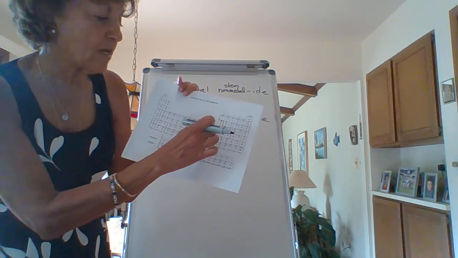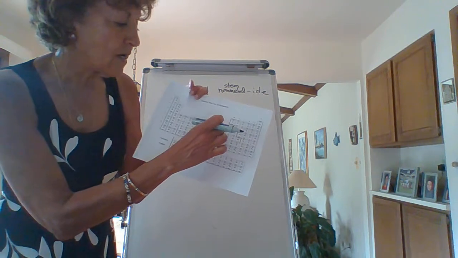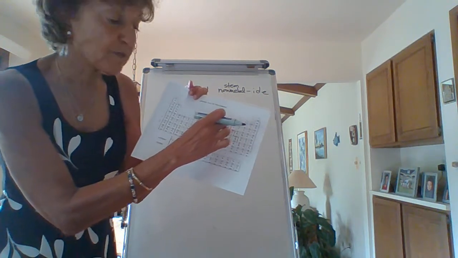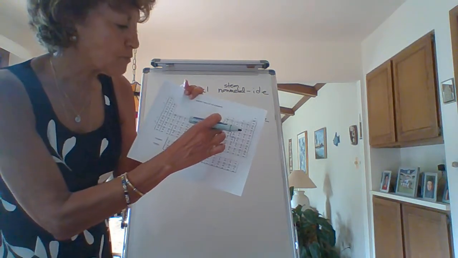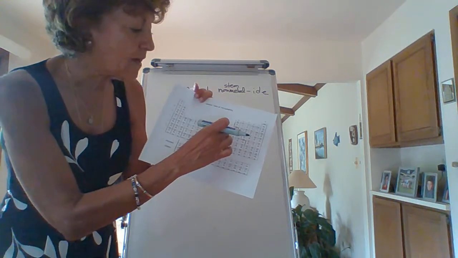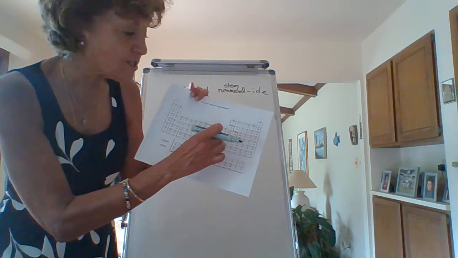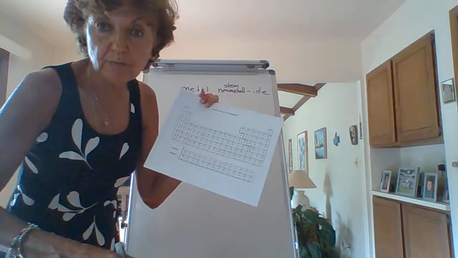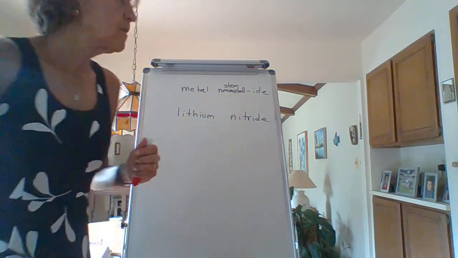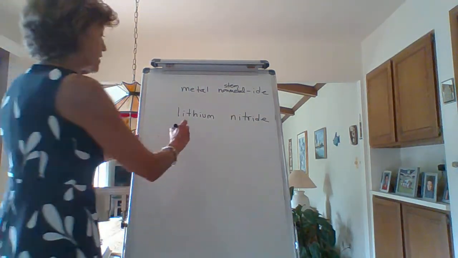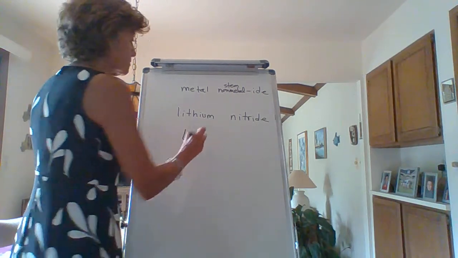Aluminum is +3, gallium is +3, zinc and cadmium are both +2, and then silver is +1, okay? So lithium, group 1A, +1.